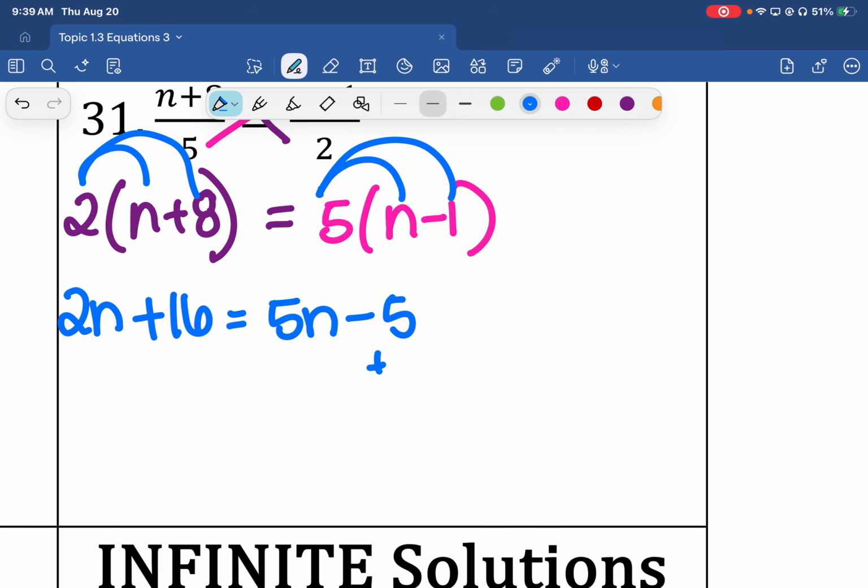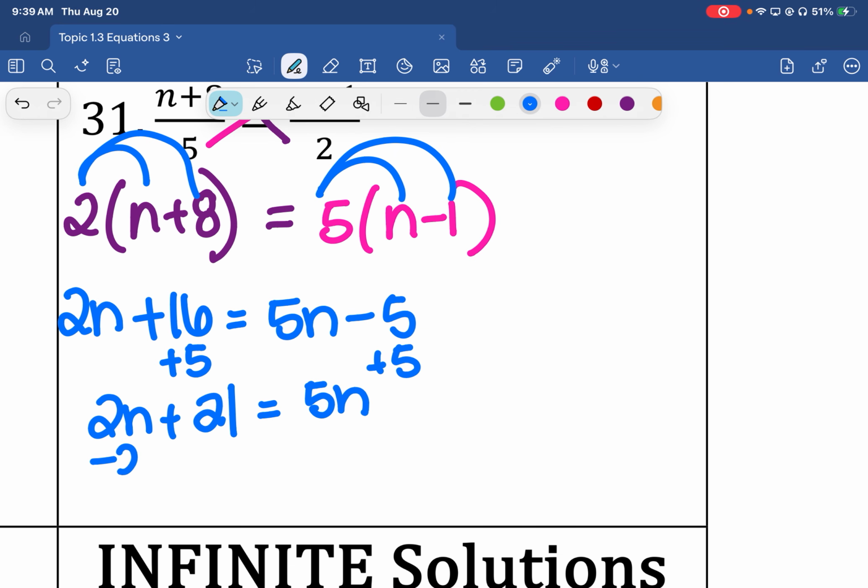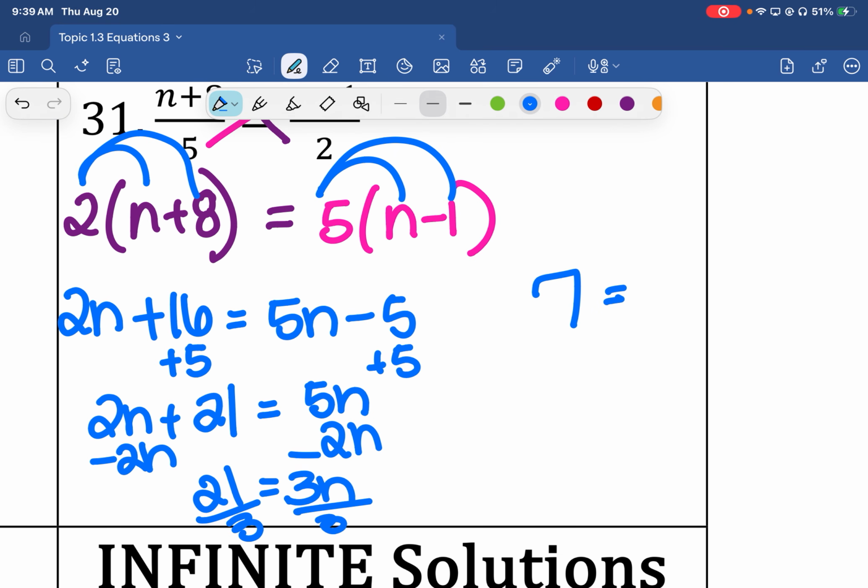We can add 5. I heard somebody say plus 5. So we have 2n plus, what is 16 plus 5? 21. Equals 5n. Then what do I do? And then subtract 2n. What is 5n minus 2n? Okay, then what do I do? Divide 7 by 3 and get 7 is equal to n.